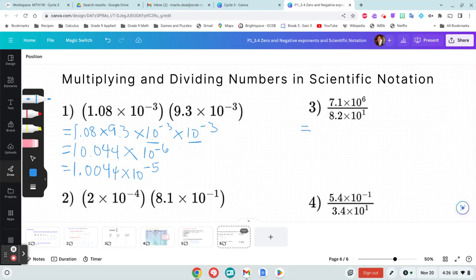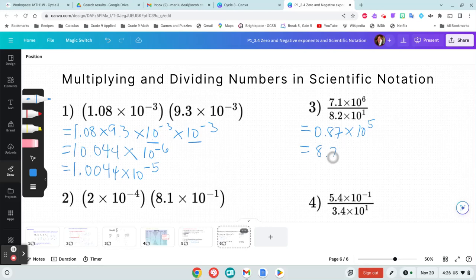I'm going to do example 3 next. So same idea. I'm going to divide 7.1 by 8.2. And on my calculator, I'm going to get 0.87 times 10 to the 6 minus 1, which is 5. And then I want it to be in true scientific notation, so I need to move that decimal place.